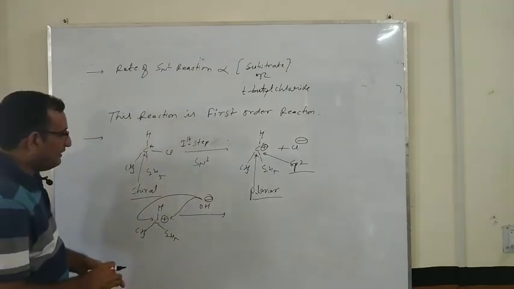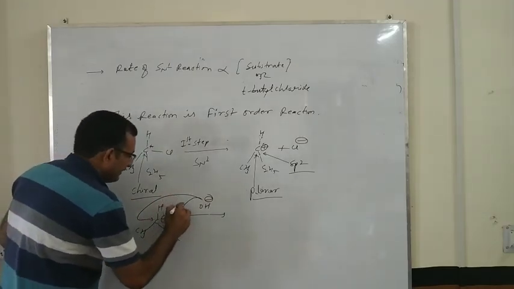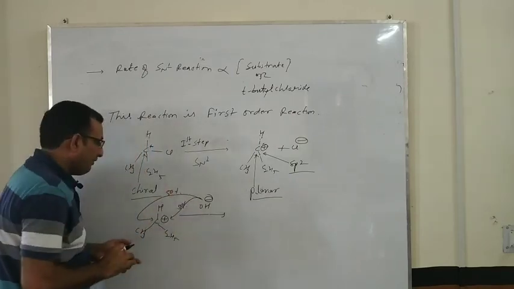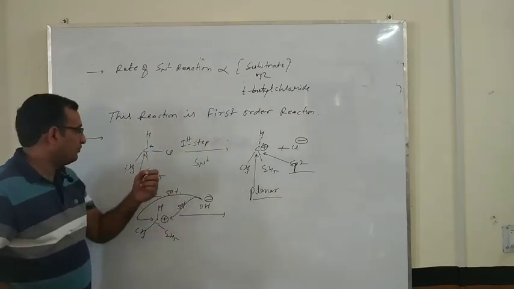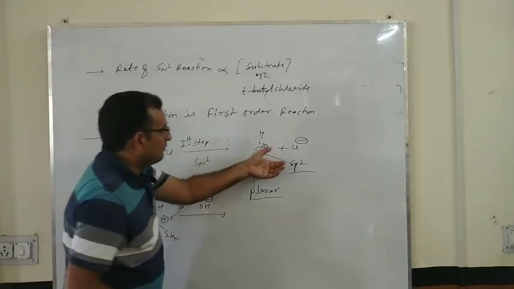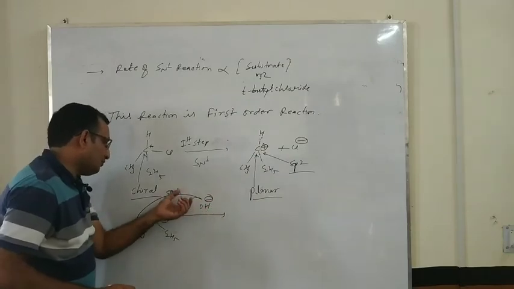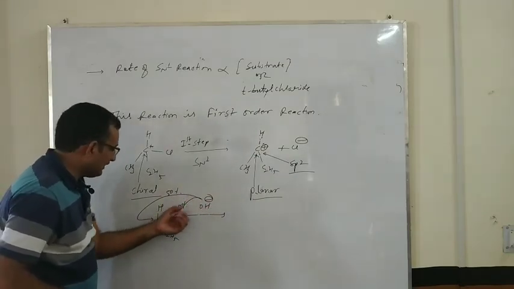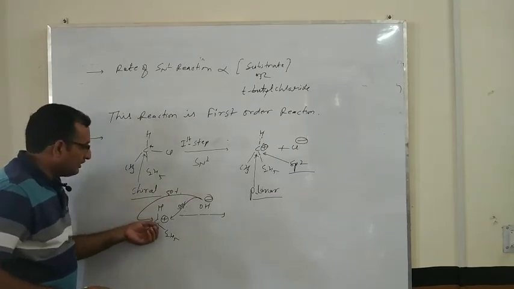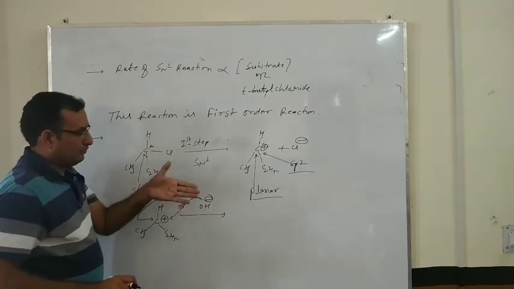There is 50% possibility to attack the front side and 50% possibility to attack the back side of the leaving group, because carbon is a planar molecule.